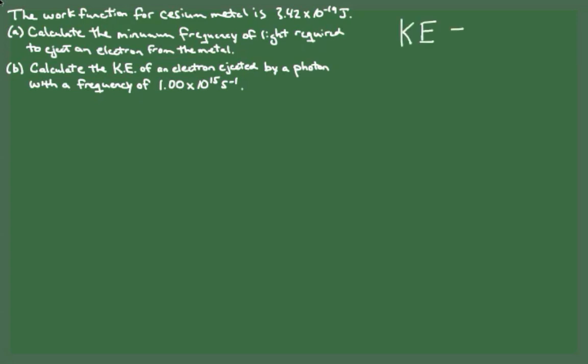So we're going to need this relationship. Kinetic energy of the electron is equal to h nu minus the work function.